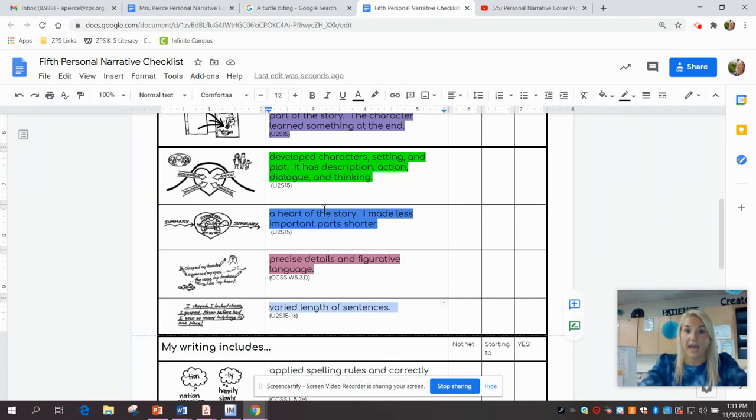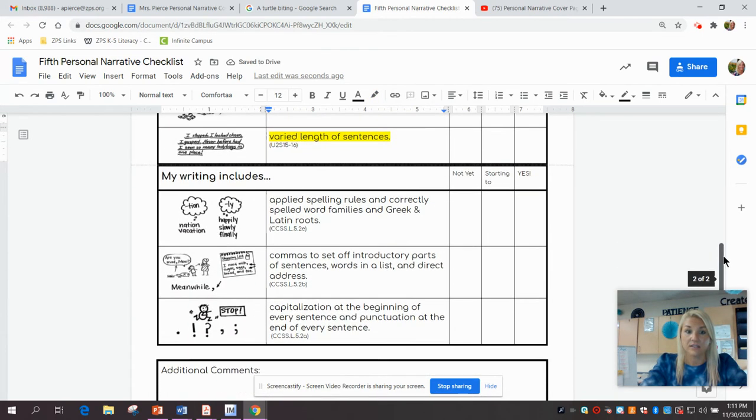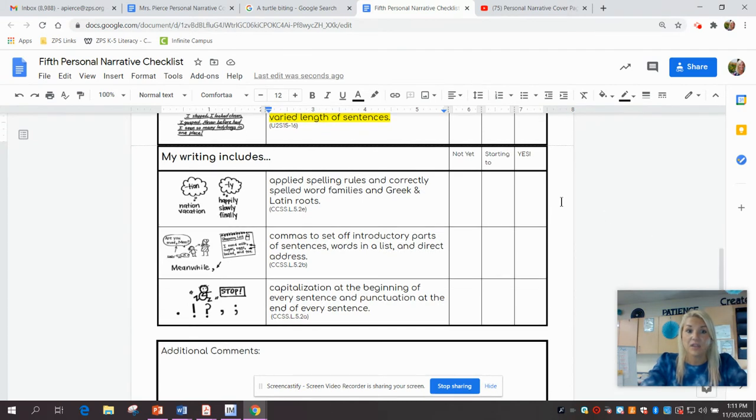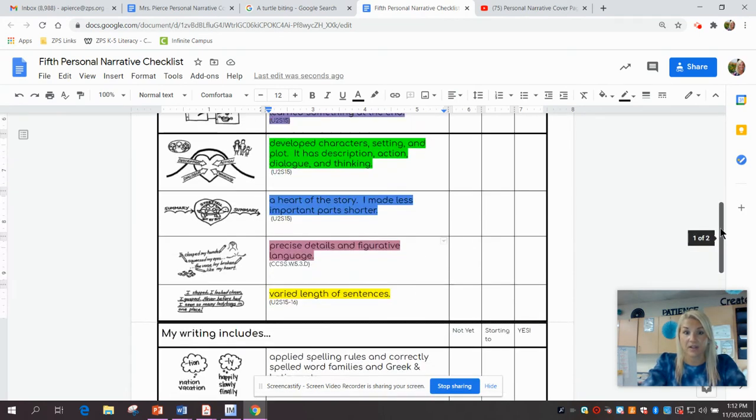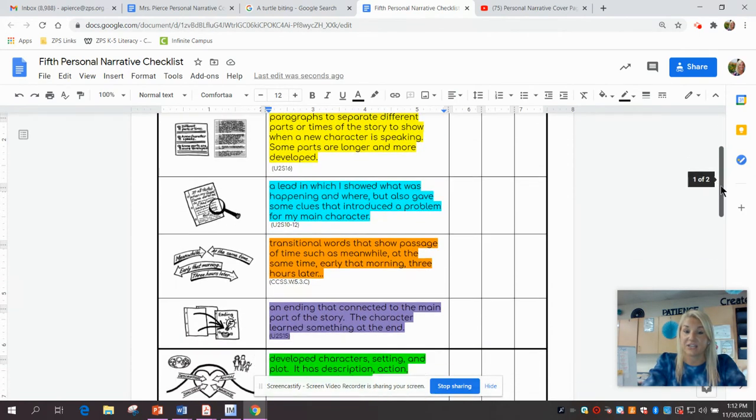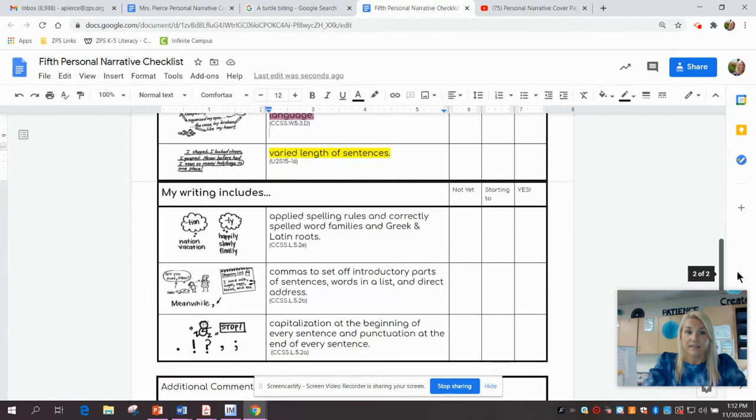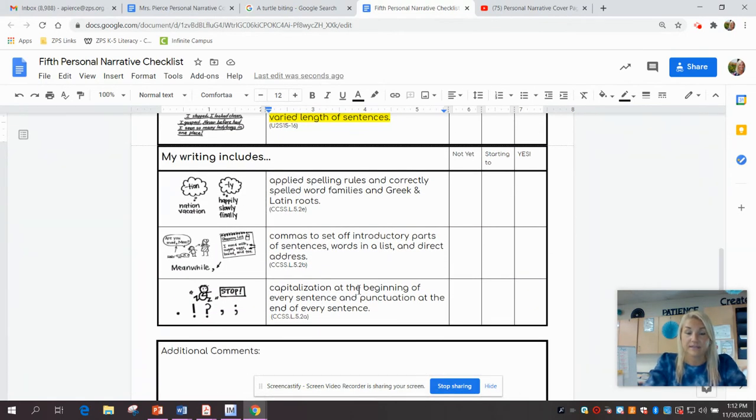Make sure that you also have a variety of sentences. Okay, sentences should be short, long. And then we get into the editing. This stuff would all take place in your revising and in your drafting. In your last piece, this is all considered, I'm going to highlight it the same color, this is all considered editing in your piece.